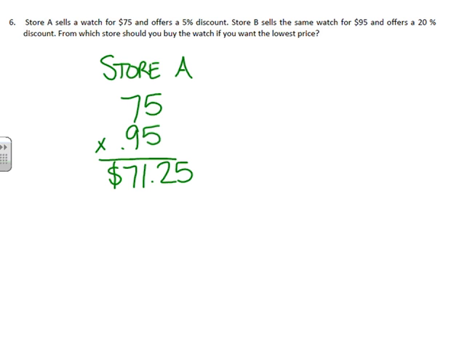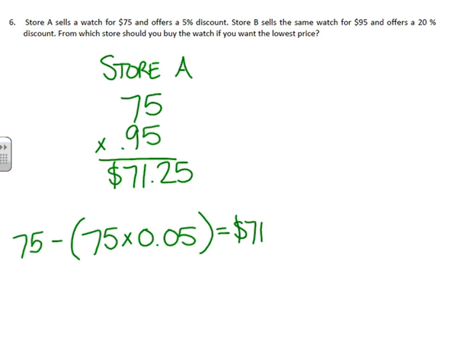Now you could do 5% off, so 75 multiplied by 5%. Be careful that you do 0.05 and not 0.5. And then whatever you get, subtract it from 75. If you do that computation, you're going to get the exact same amount from above, which is still $71.25.